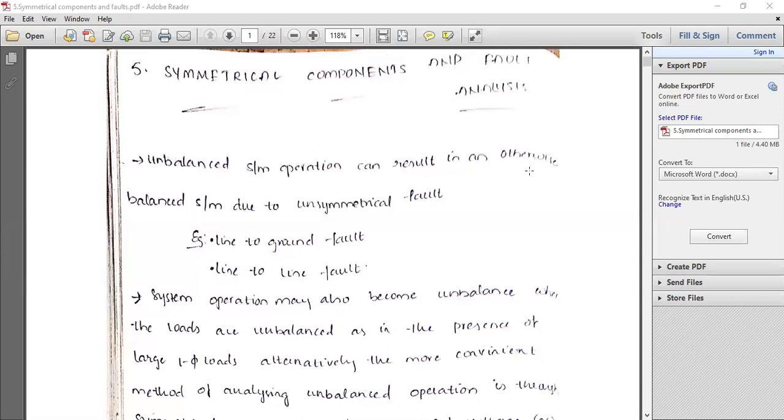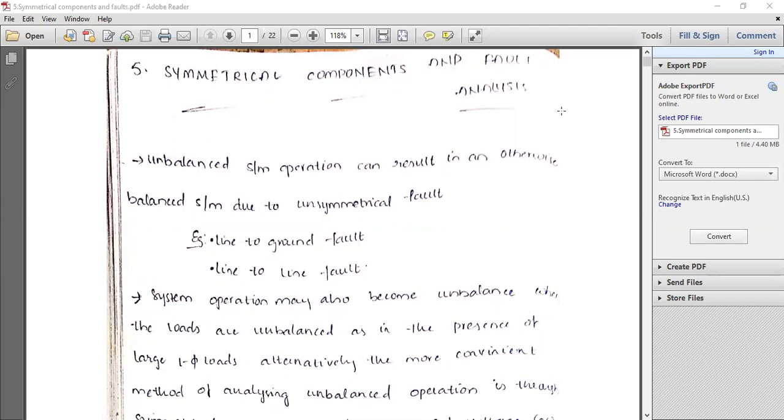Whenever this situation comes into the picture, it is highly complicated to observe the behavior of that particular system. So we convert the unsymmetrical or unbalanced phasors to balanced phasors, and we can apply the same symmetrical fault analysis in order to determine the behavior of the given system under unsymmetrical faults.